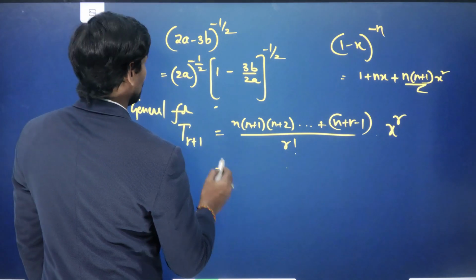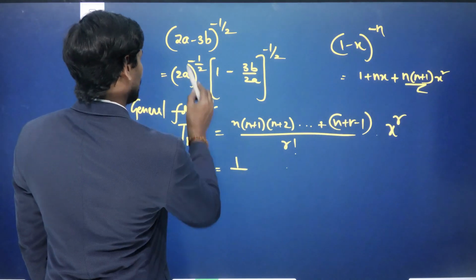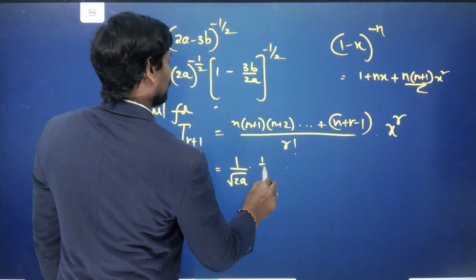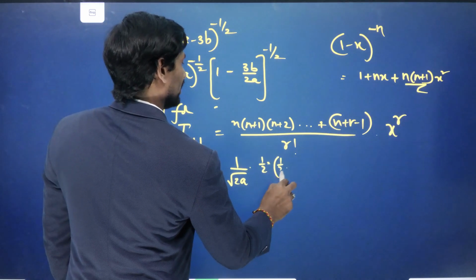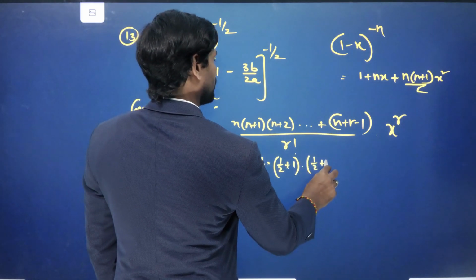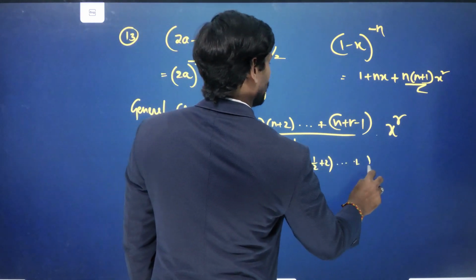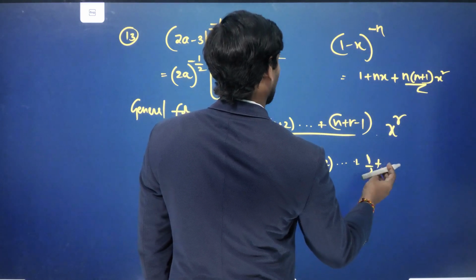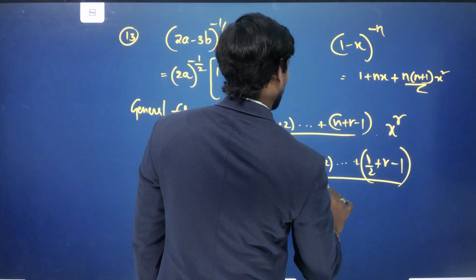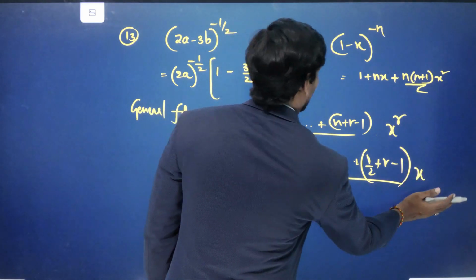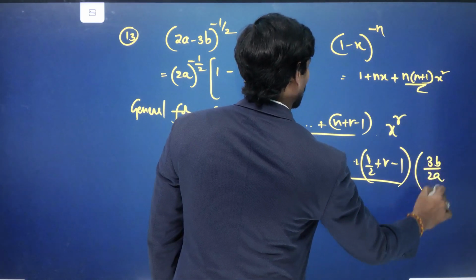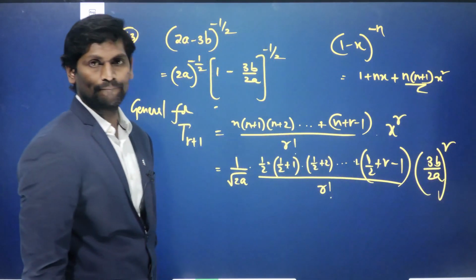From this we have the extra term here, that is 1 by root over 2a into n, which is 1 by 2 into (1 by 2 plus 1) into (1 by 2 plus 2) and so on up to (1 by 2 plus r minus 1) by r factorial into x power r. x means 3b by 2a whole to the power of r.